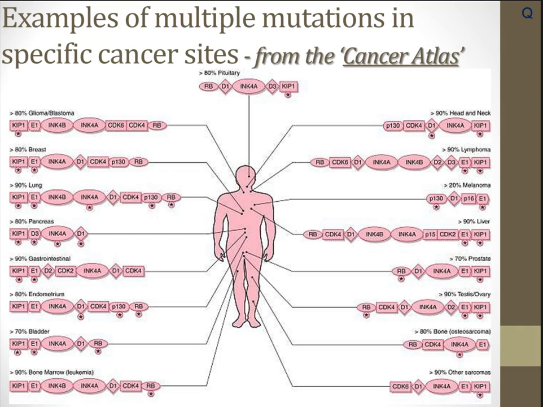There was a large collaborative effort called the Cancer Genome Atlas, where essentially hundreds of labs around the world decided to sequence the genomes of tumors that were collected from different cancer sites.